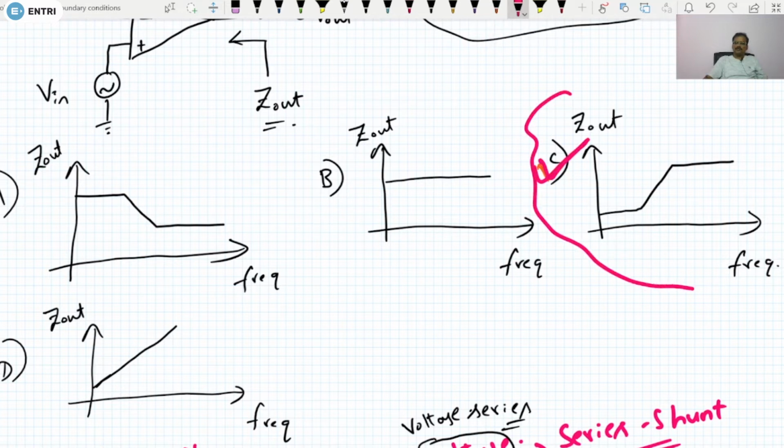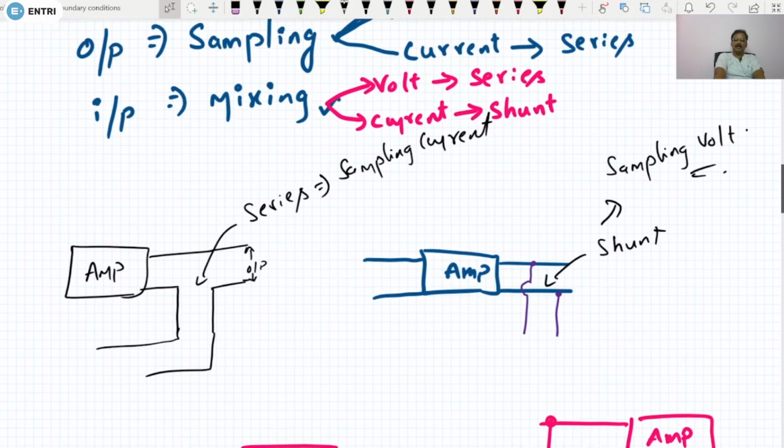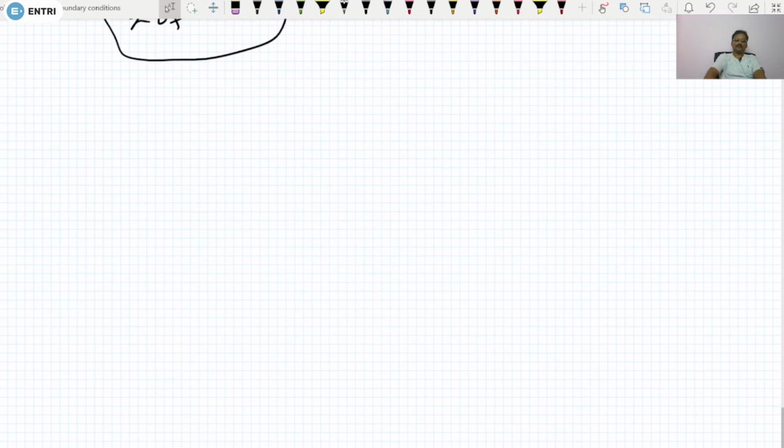This is the right answer here, right? Only this question is somewhat typical for electrical students. Remaining all the other 4 questions are very simple.